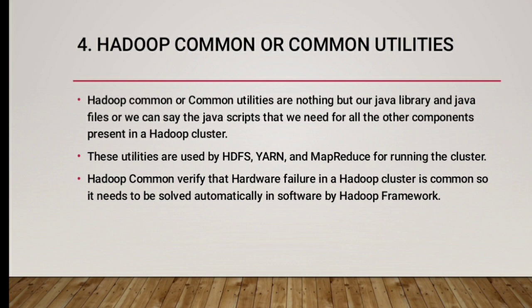The Hadoop Common or Common Utilities are nothing but our Java libraries and Java files, or we can say Java scripts, that we need for all the other components present in a Hadoop cluster. These utilities are used by HDFS, YARN, and MapReduce for running the cluster. Hadoop Common works on the assumption that hardware failure in a Hadoop cluster is common, so it needs to be solved automatically in software by the Hadoop framework.